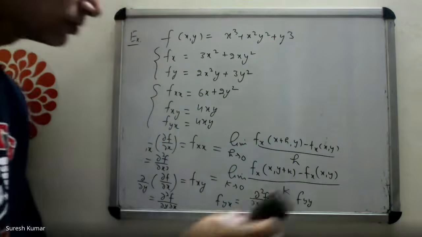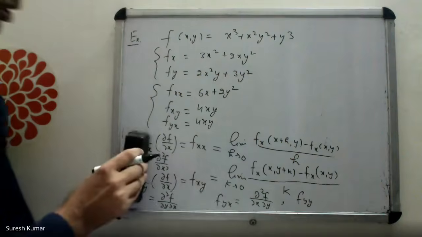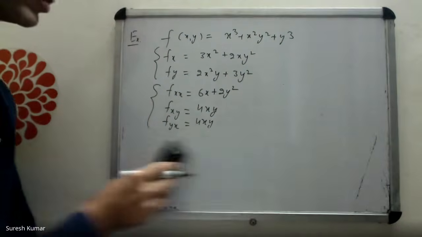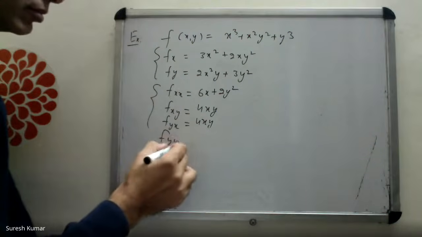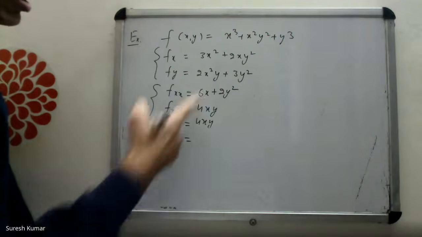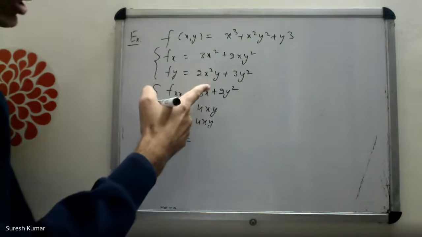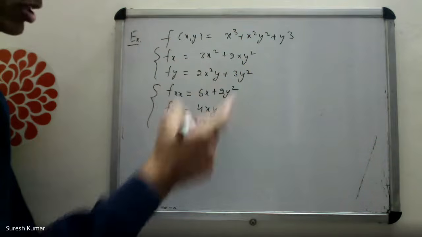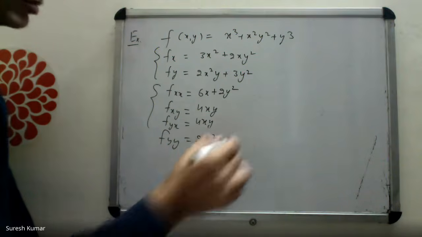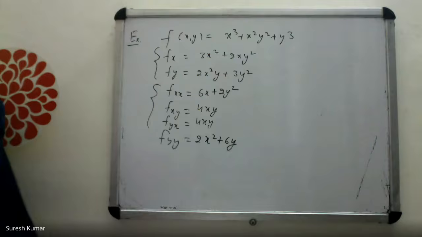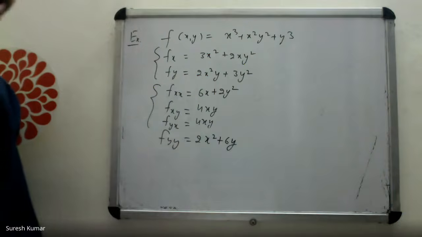And then f double y. What is f double y? f double y is differentiate this again with respect to y. So 2x squared plus 6y. Got it? So it's very easy to calculate higher order partial derivatives.